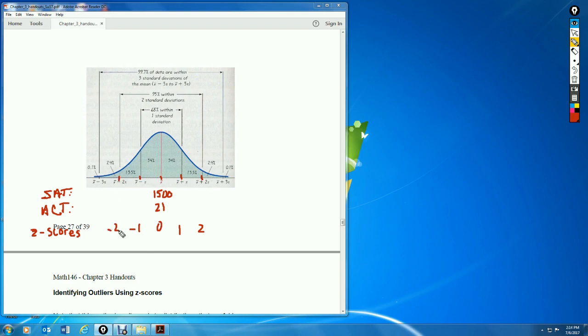Okay. And then what we just saw was that Mike's z-score was 1, right here, and Packard's z-score was right here, 1.5. Okay, so relatively, he did better.